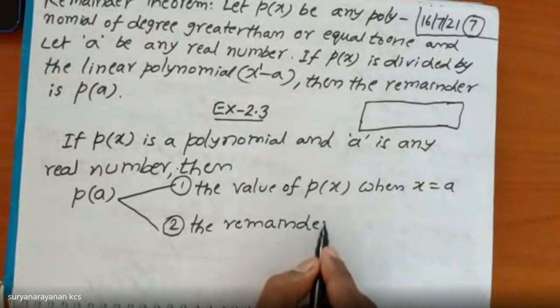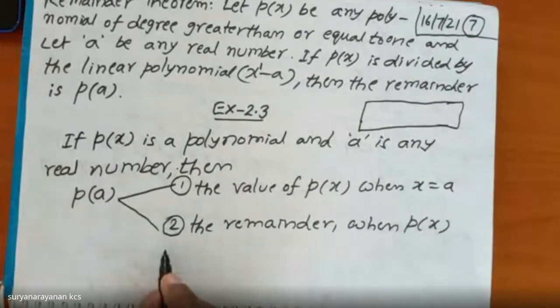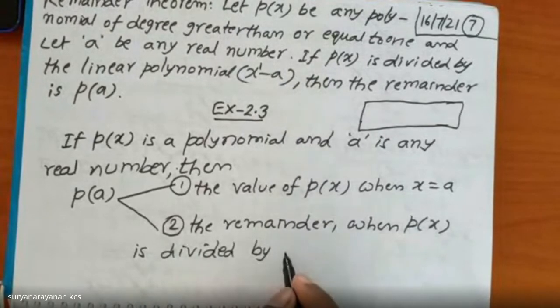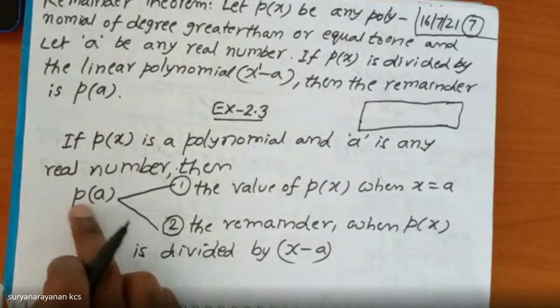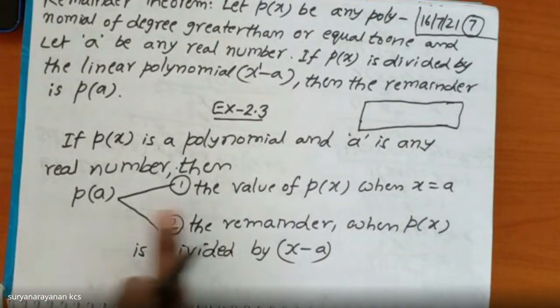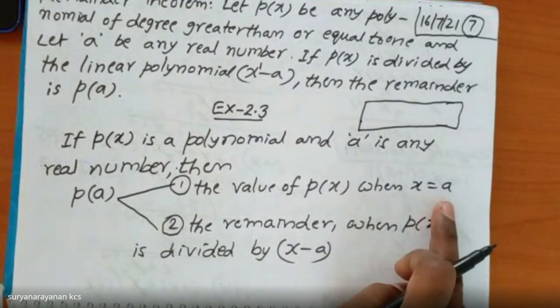The remainder when the polynomial P of x is divided by a linear polynomial x minus a. For the same notation, there are two meanings. According to the context, you have to take that meaning. P of a denotes, in one context, the value of the polynomial p of x when x is equal to a.